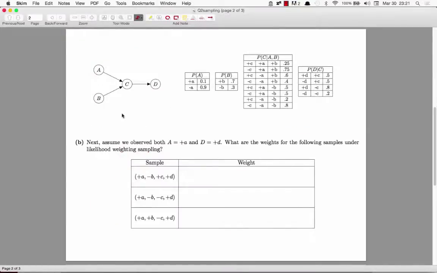So this question concerns likelihood weighted sampling, which is sort of an improved version of the rejection sampling that we saw in the last part.